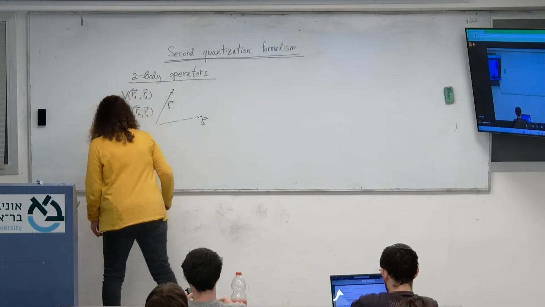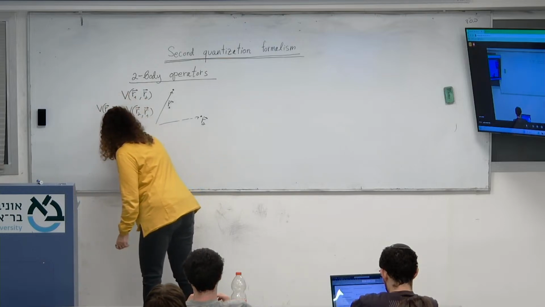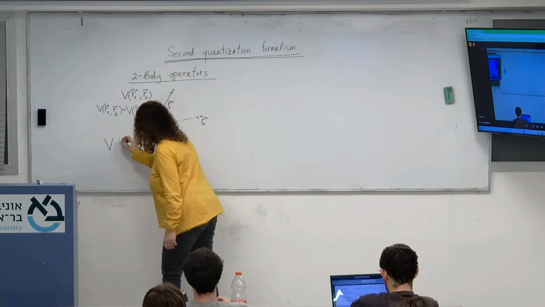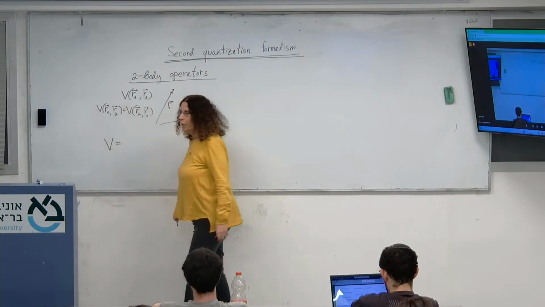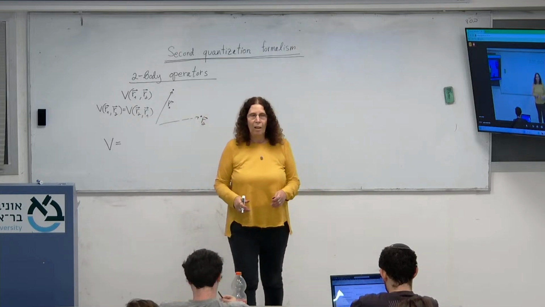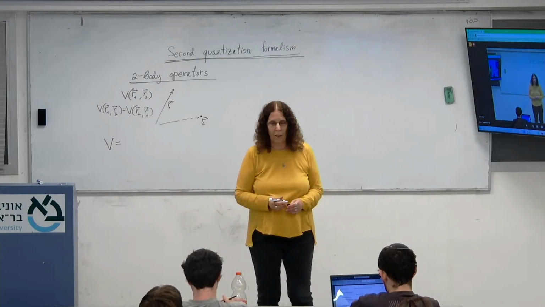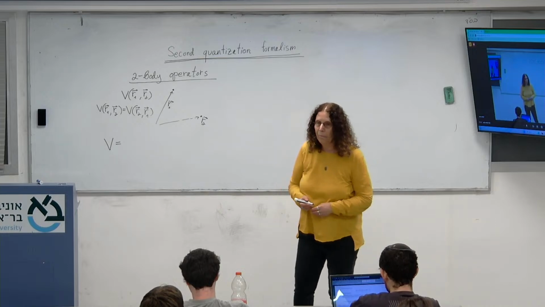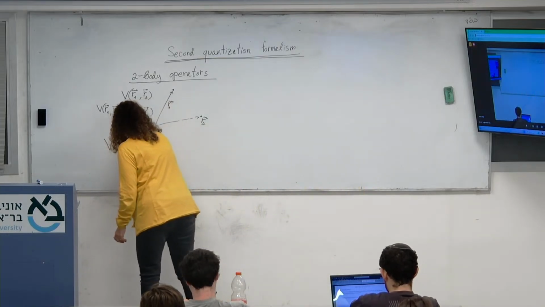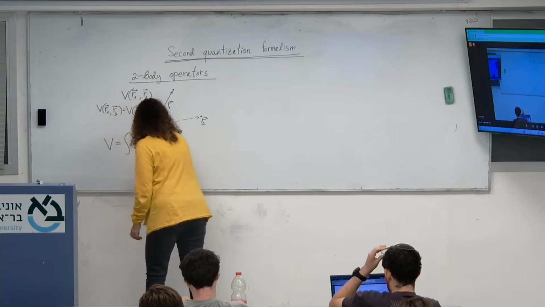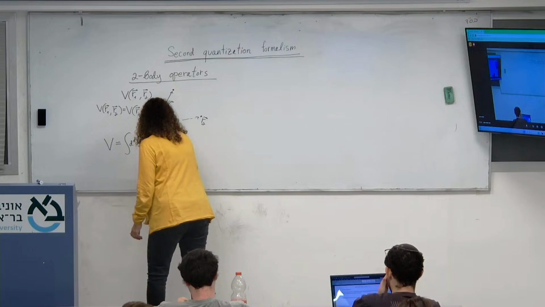So, in classical physics, I can write what will be the total potential energy of the system coming from this interaction. It will be an integral over R1, integral over R2.